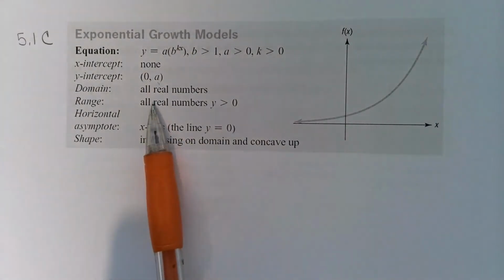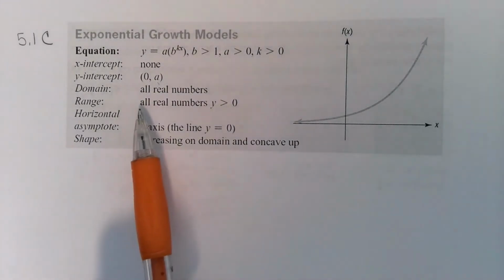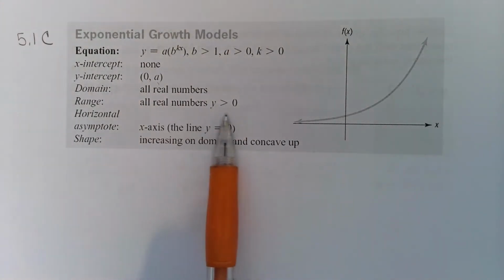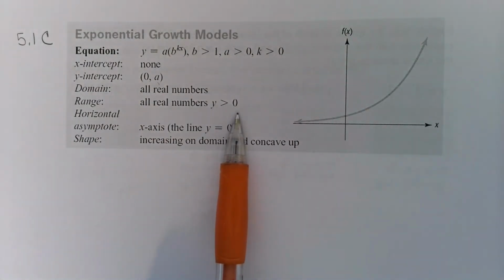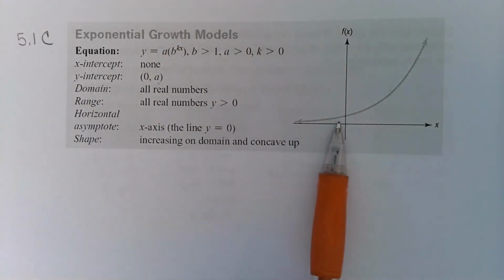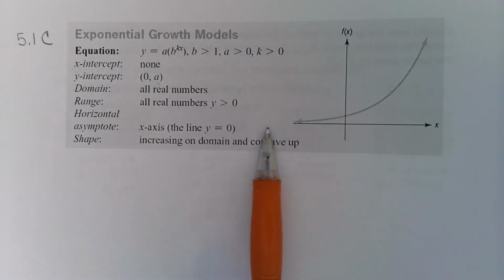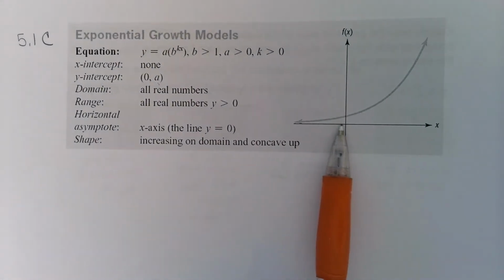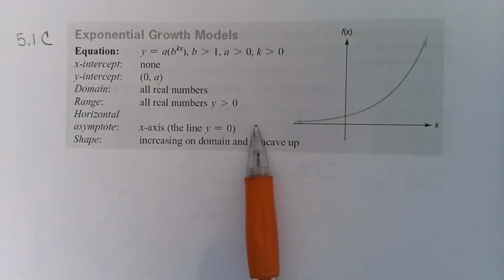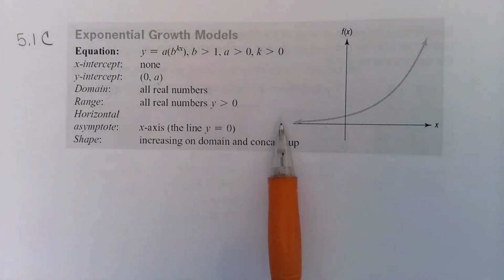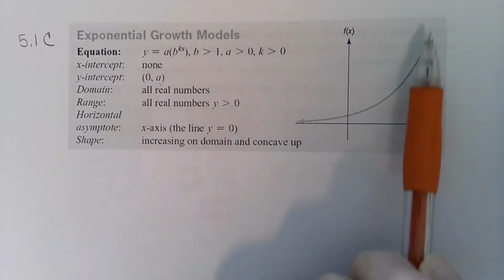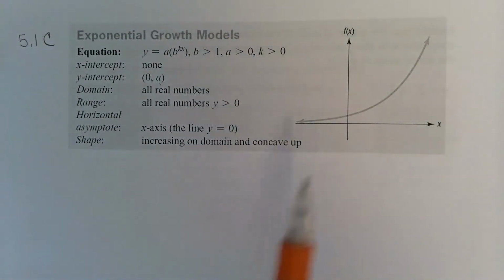The domain is still all real numbers, and the range, of course, is our positive y values. Because that graph will never touch, it just hugs that x-axis. Our x-axis is the horizontal asymptote, and we have this kind of rounded J shape here.